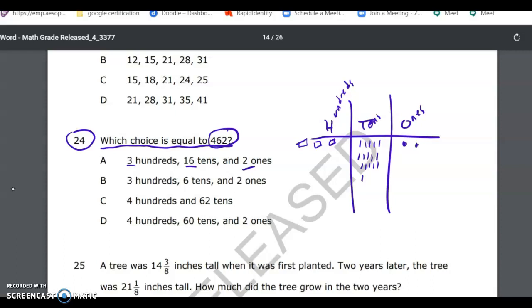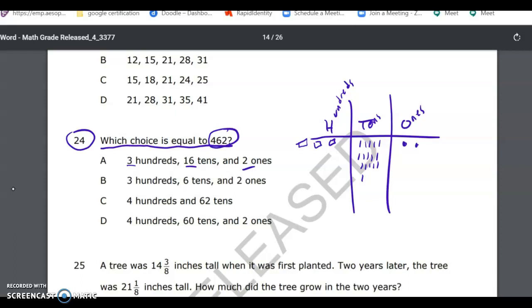Again, you got 16 tens, you got 2 ones, and we know that for place value that 10 ones equals 1 ten, 10 tens equals 100, and it keeps going. 10 100s equals 1,000. So 10 of each equals one of the next higher level up.